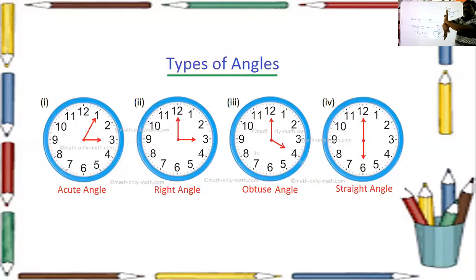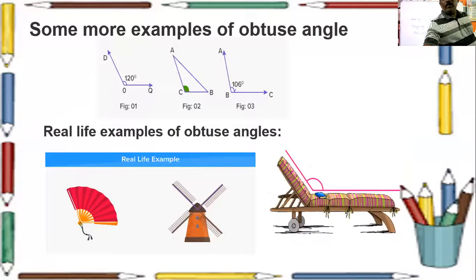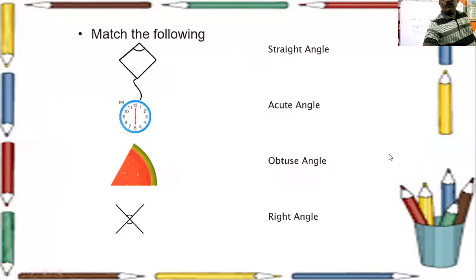If they are like this, straight, you can see 180 degrees. So all these 4 angles you can observe easily in the wall clock. Look at the timings. The angle between the minute hand and hour hand, you can easily check. There you can see acute angle, right angle, obtuse angle, straight angle.